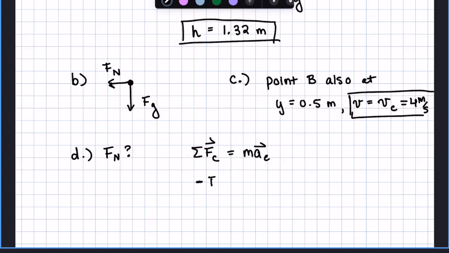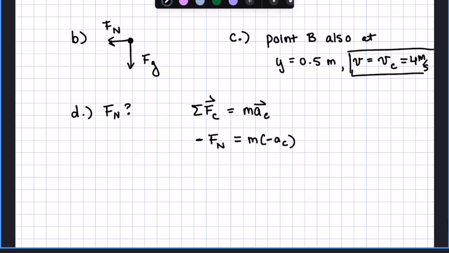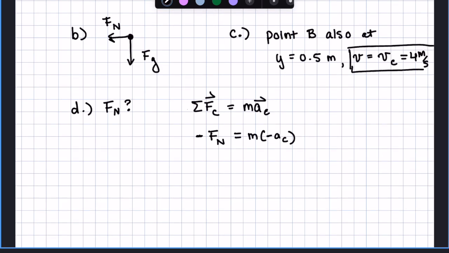Then, if we're using conventional positive and negative directions, our only force acting radially would be a negative normal force. And then our vector of centripetal acceleration would be negative, because that should also be going in the negative x direction at that exact point that we're being asked about here, times whatever the magnitude. So negative sign times whatever the magnitude is of that centripetal acceleration.